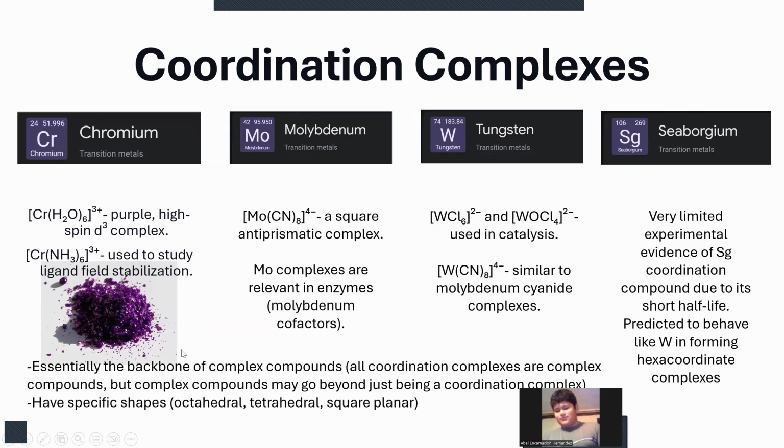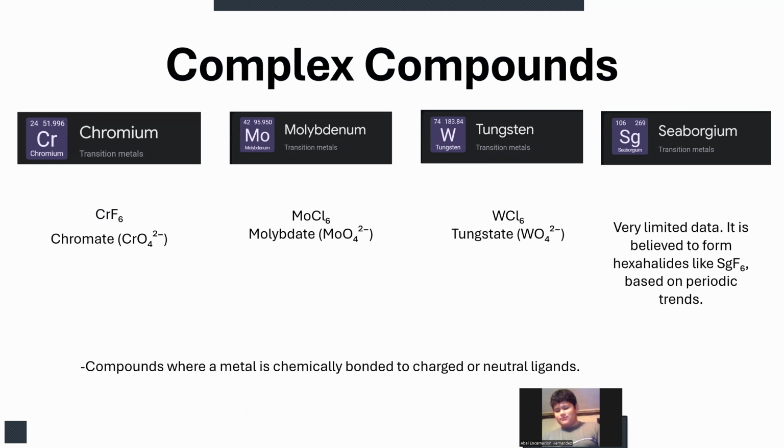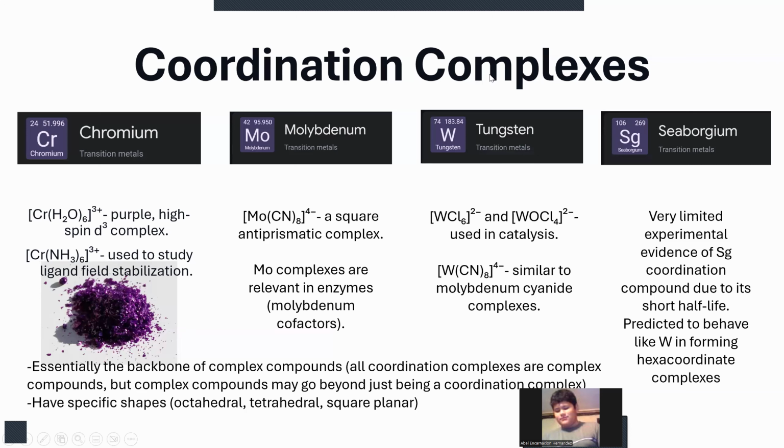Coordination complexes are pretty much the backbone shape that some complex compound may follow. A coordination complex could be, for example, chromium with a bunch of water molecules surrounding it.